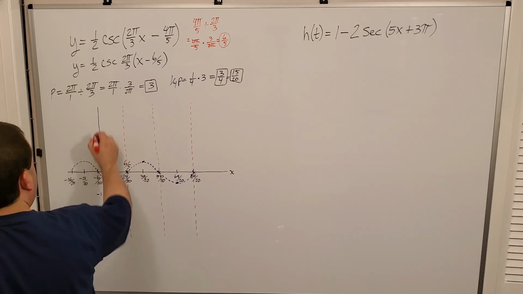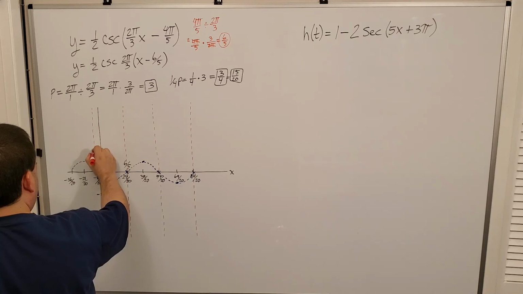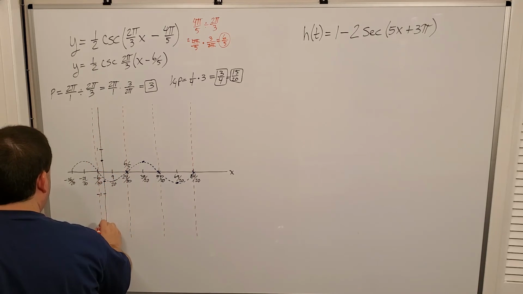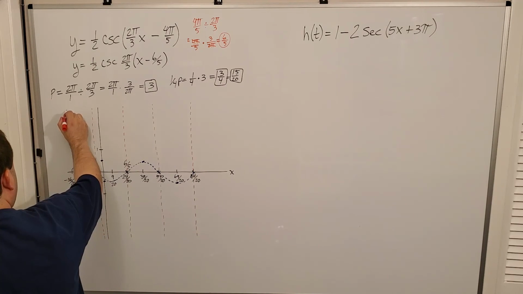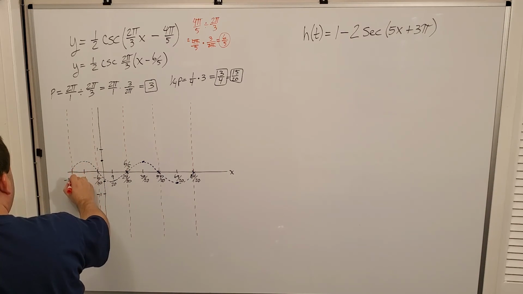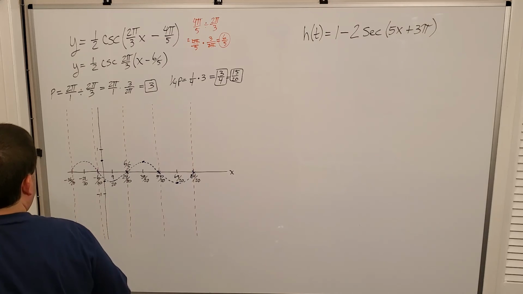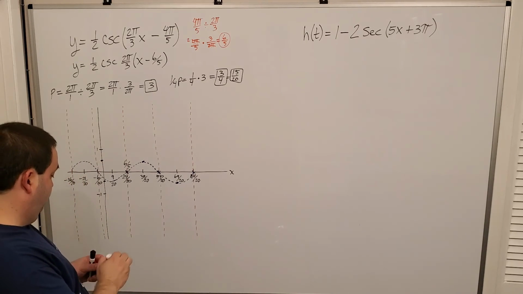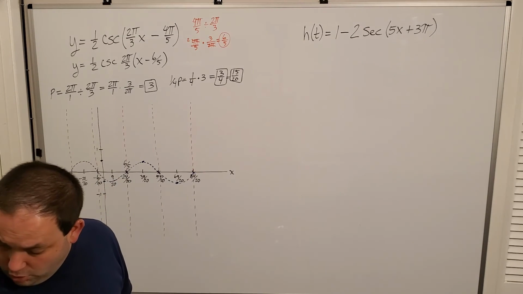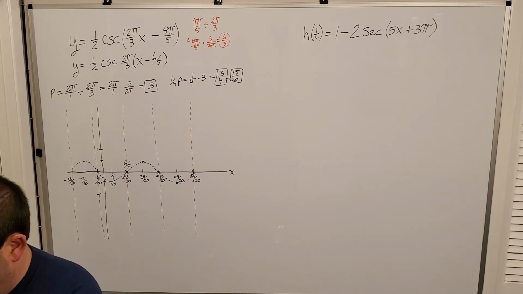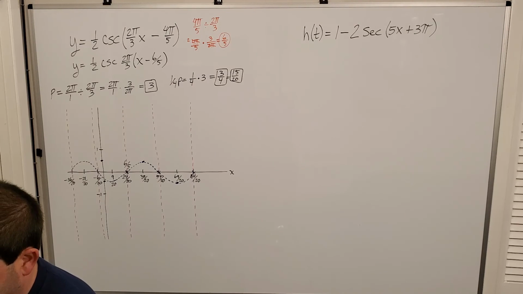Negative 6/20 is a vertical asymptote, and negative 36/20 also a vertical asymptote.